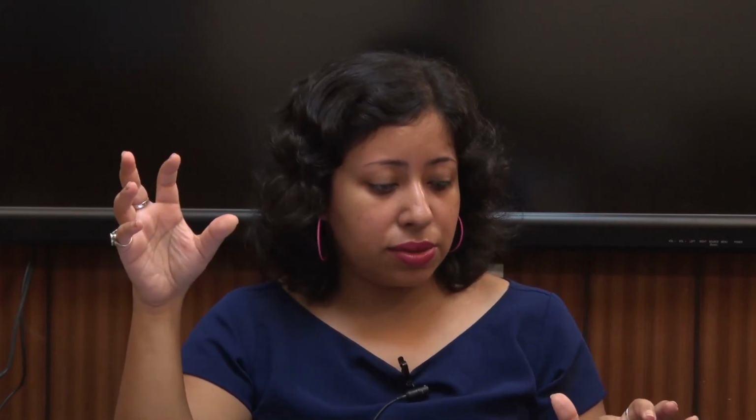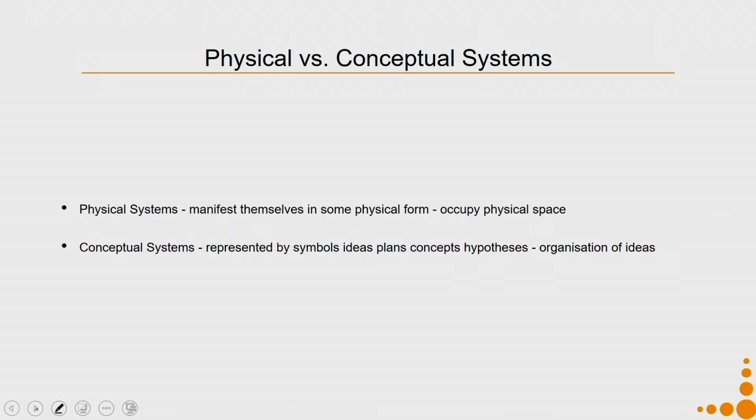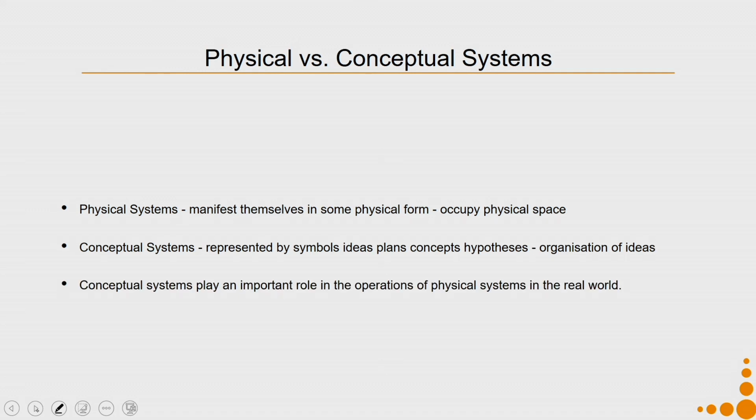Let us contrast it to the conceptual system, which makes the meaning clearer. Conceptual systems are represented by symbols, ideas, plans, concepts, hypotheses. That is their organization of ideas. But these two systems keep on interacting with each other. The conceptual system plays an important role in the operation of physical systems in the real world.